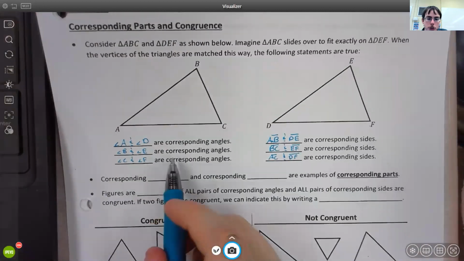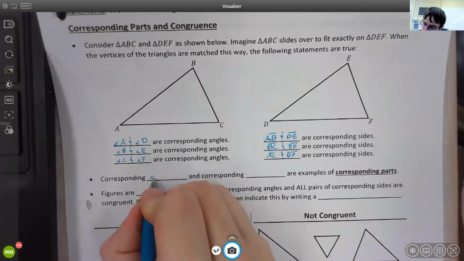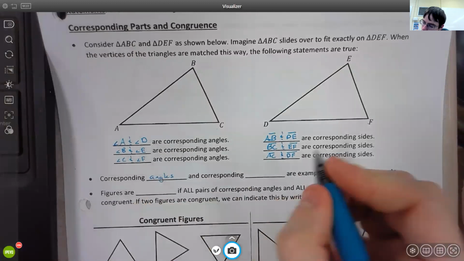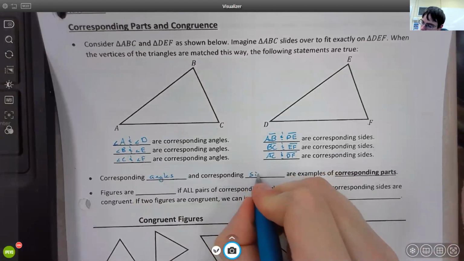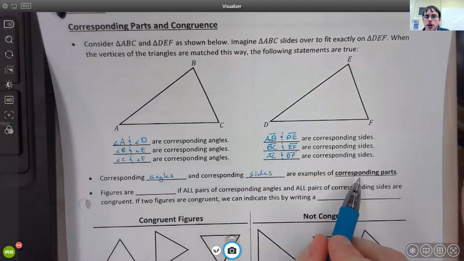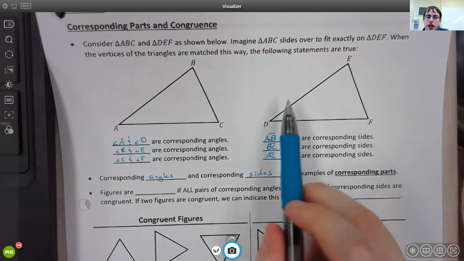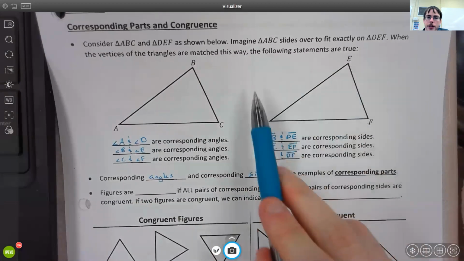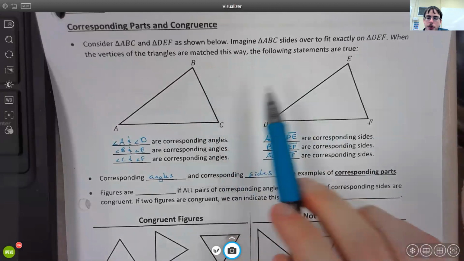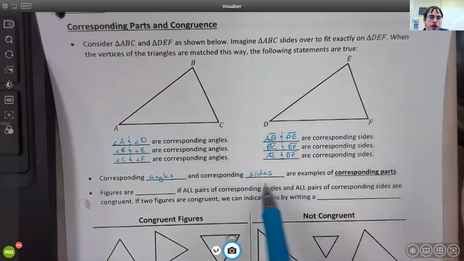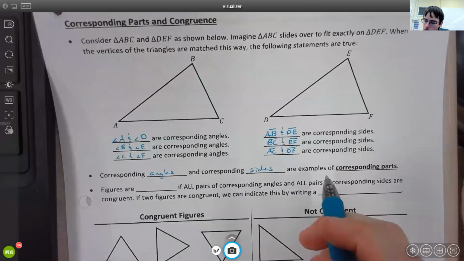So, corresponding angles and corresponding sides are examples of corresponding parts. In the corresponding parts, of course, we just have sides and angles for our triangles. So those are our corresponding parts.